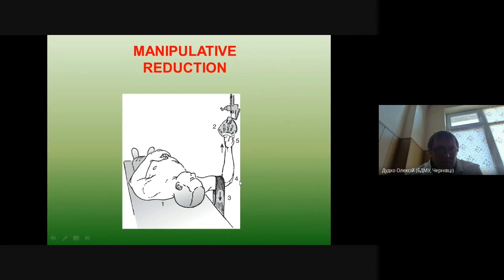If you don't have such a device, you need 3 people, 2 assistants. One assistant makes traction on one side, another assistant on the other side, and you make the reduction. By means of this device, you can do it alone. The name of this device is the Sokolovsky apparatus, but maybe in different countries it may have different names.